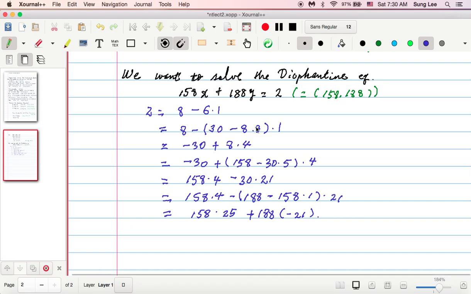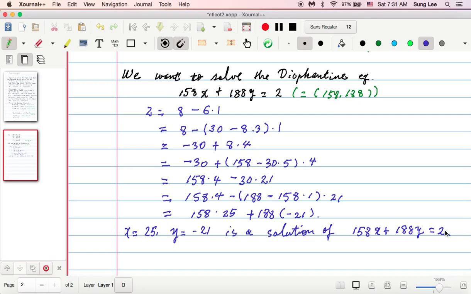As you see, x equals 25 and y equals negative 21 is a solution of this equation: 158x plus 188y equals 2.